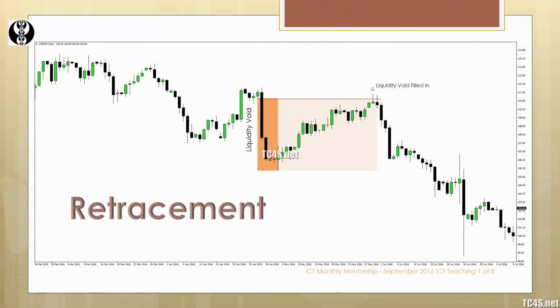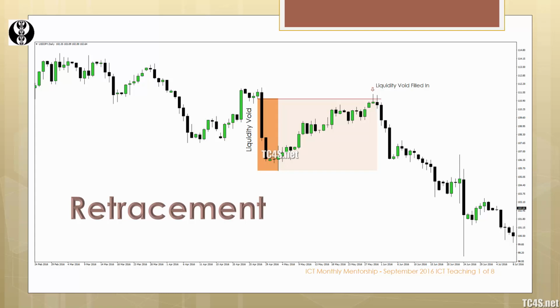Okay, this is an example of a retracement. As you can see here, the orange shaded area, we had a real quick sudden movement away from a price level, and that quick sudden movement creates what we call a liquidity void. In other words, as the market drops aggressively like that, there are going to be pockets where the price wasn't actually delivered on every available price level in that range.